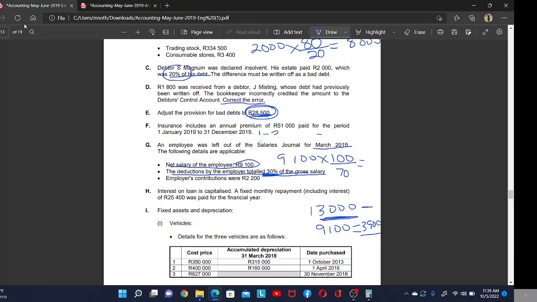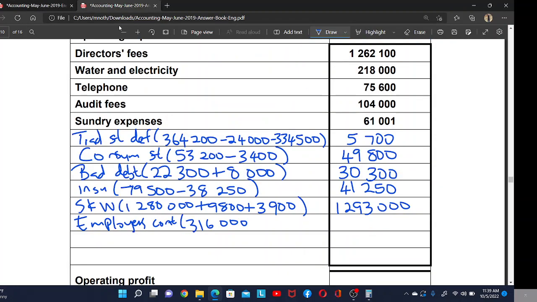And then again, employer's contributions were 2,200. So let's add them. Plus 2,200 is going to give you 318,200.